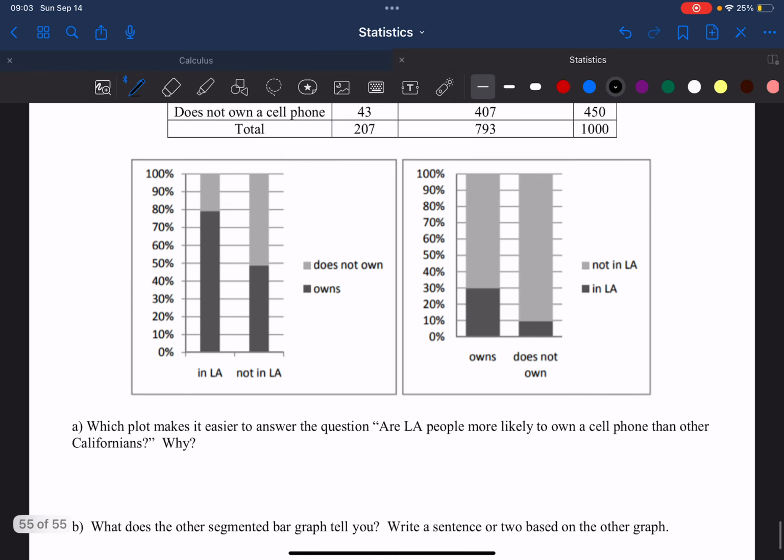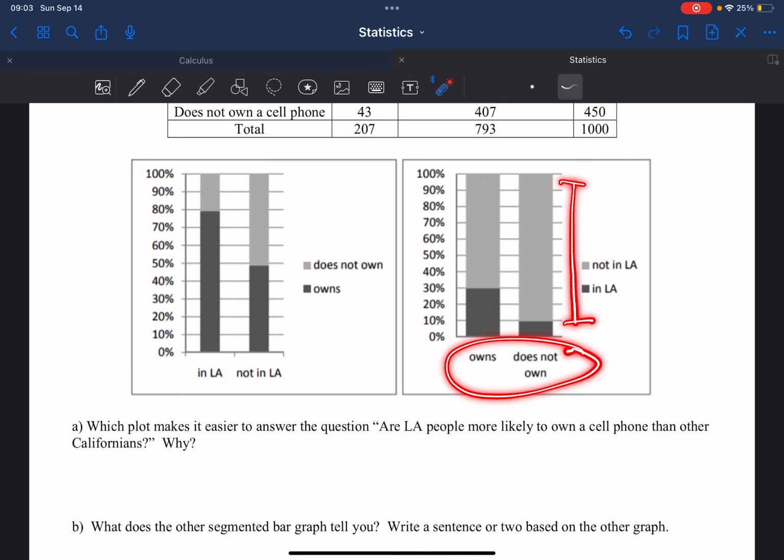Here is two different segmented bar graphs, okay? These are both accurate graphs, but just showing two different things. The first graph here is looking at if they're in LA or they're not in LA, and the segmented portion is whether or not they own a phone. Versus the other segmented graph is do they own a phone versus do they not own a phone, and then the segmented portion is if they're in LA or not in LA.